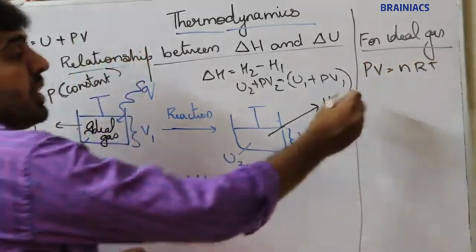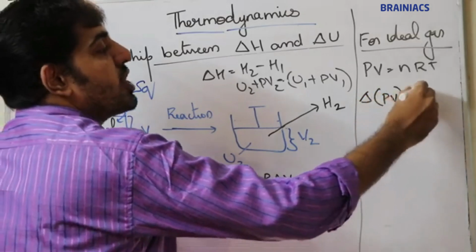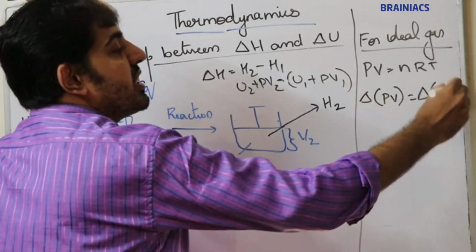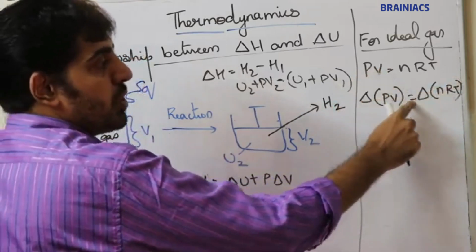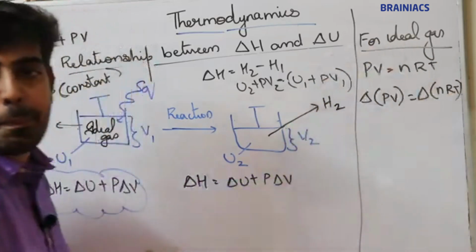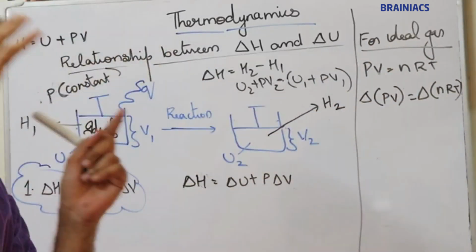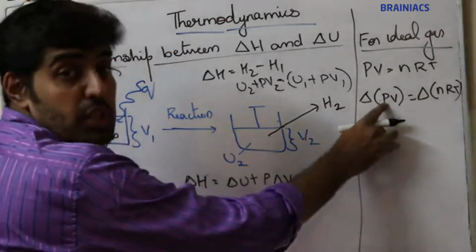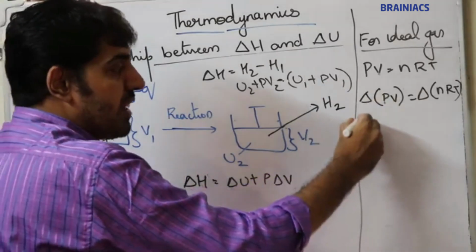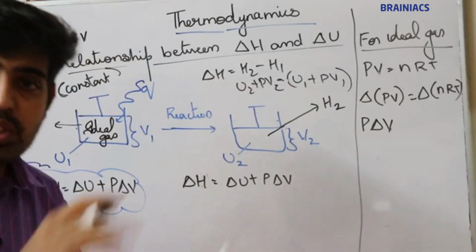So the change in pressure volume is equal to the change in nRT. We know that all our processes occur at constant pressure, so here pressure is constant. I am taking P outside the delta because pressure is not changing; there is no change in pressure.